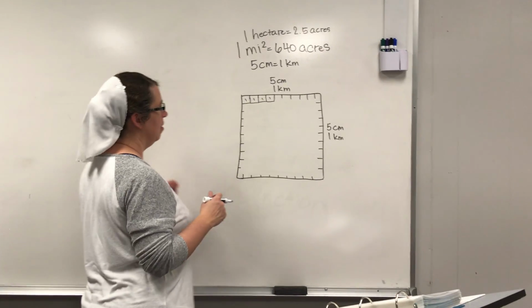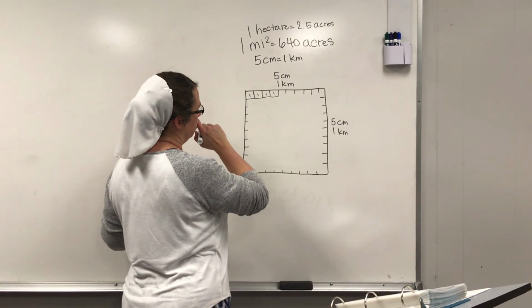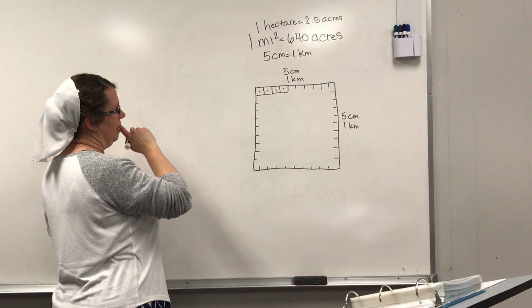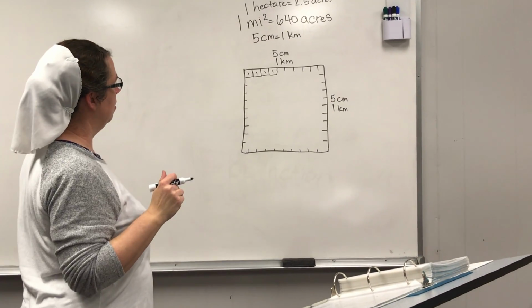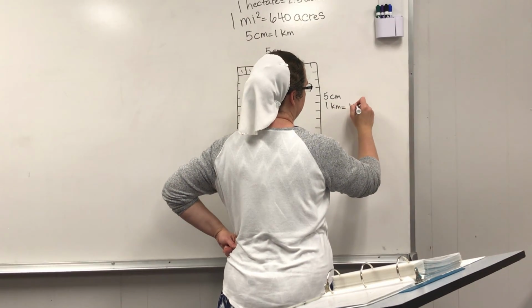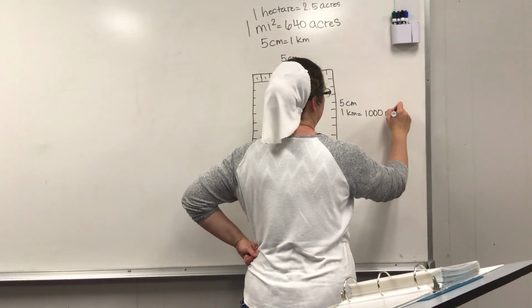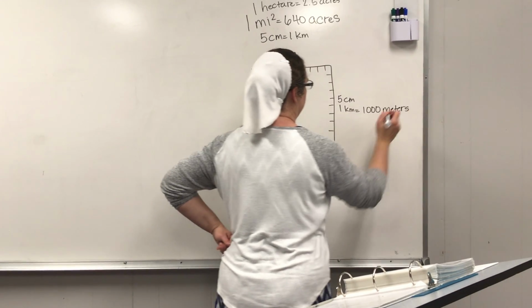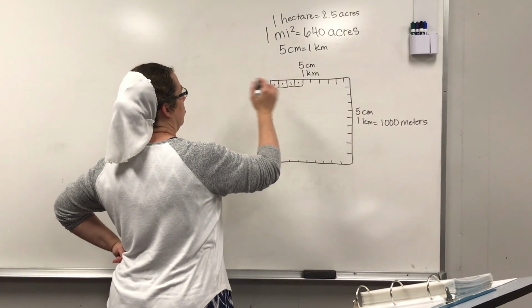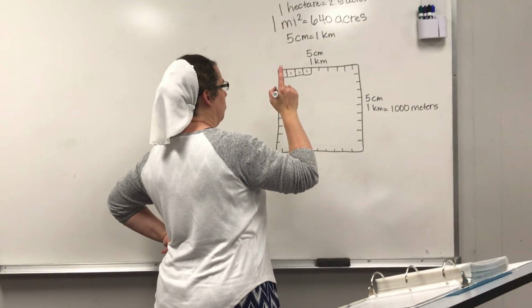Good point. You made 100 boxes, so then it doesn't matter how many boxes you made. It's 1,000 meters all the way across, and then there's 10 boxes all the way. So then each box measures 100 meters. Because there's 10 boxes, right? And then each box measures 100 meters. Right.